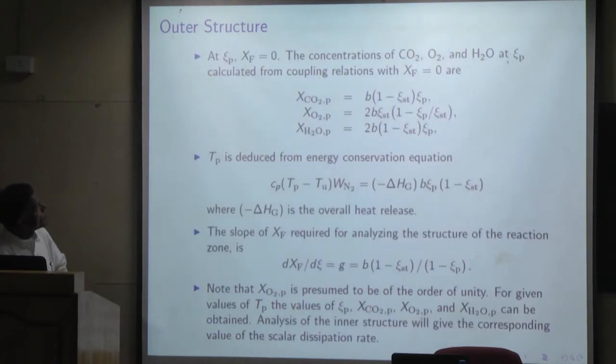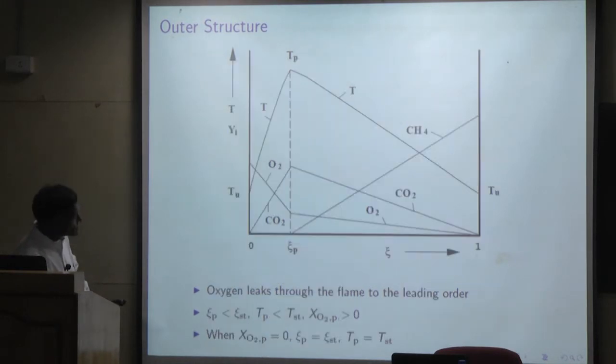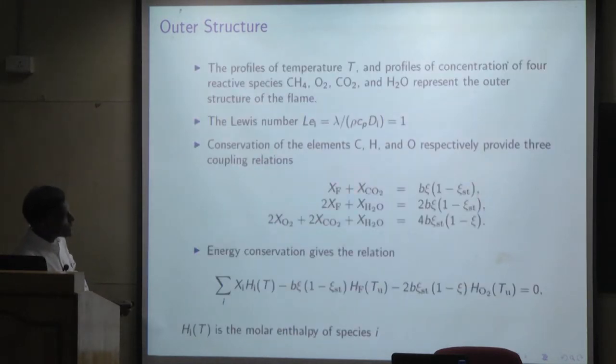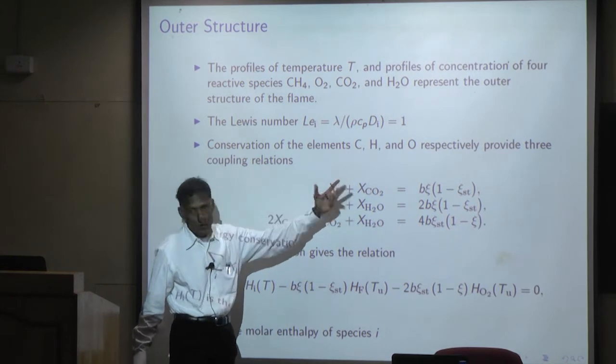So these equations are basically element balances, assuming Lewis number 1. Since the elements carbon, hydrogen, and oxygen are conserved, this simply tells you that the fuel has 1 carbon and CO2 has 1 carbon.